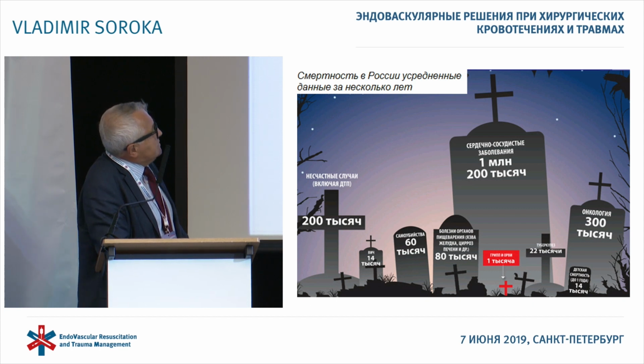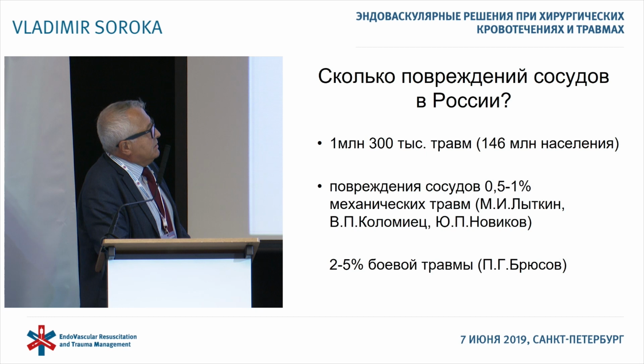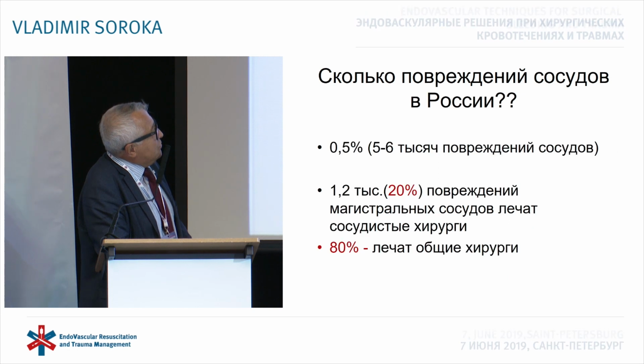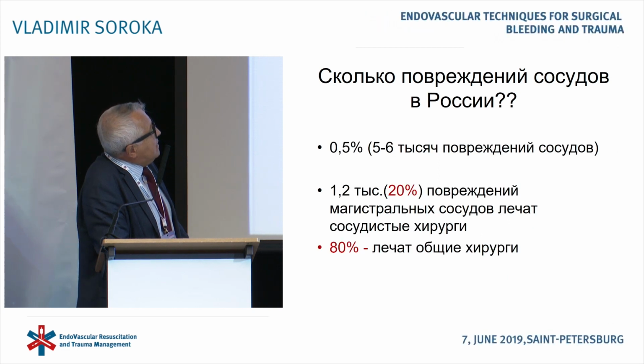Out of 2 million deaths per year, 200,000 die as a consequence of trauma. If we calculate roughly, taking 0.5% without military traumas, Pavel Georgievich, who is present here, is one of the classics of battlefield traumas, we will have around 5,000 to 6,000 vascular damages in Russia.